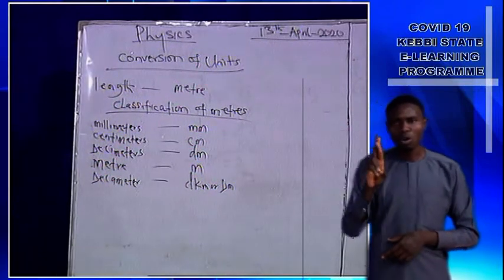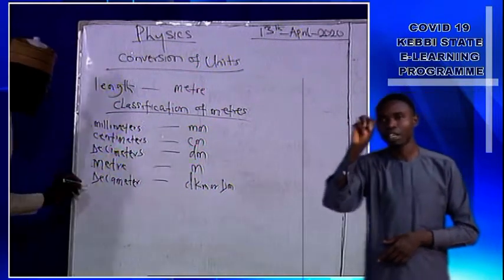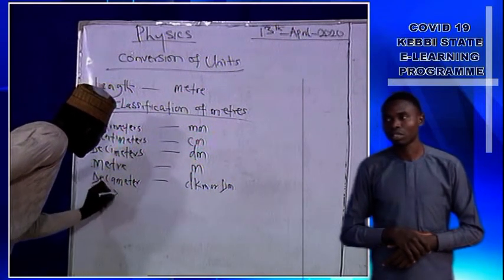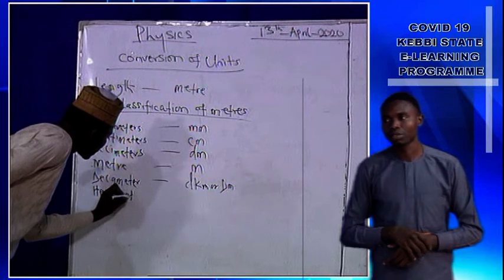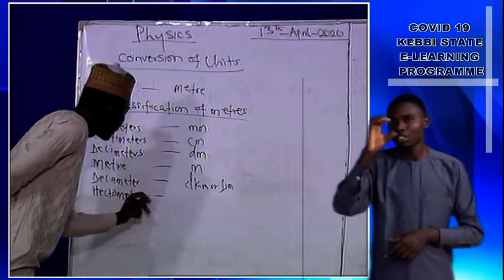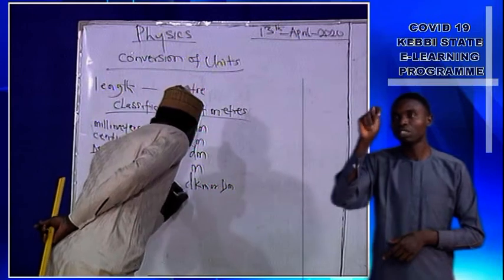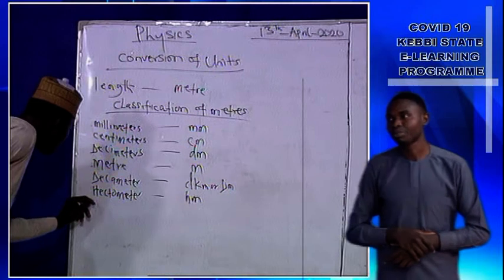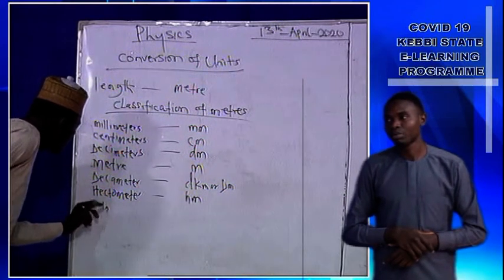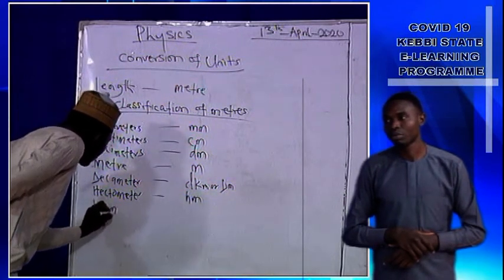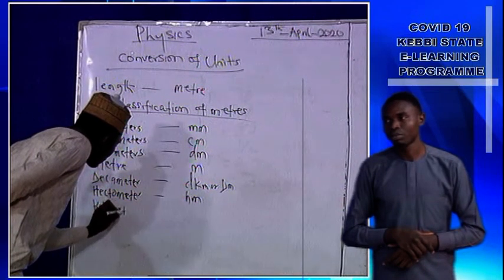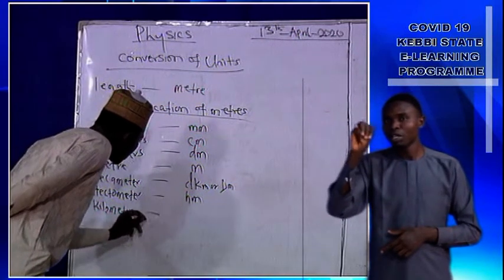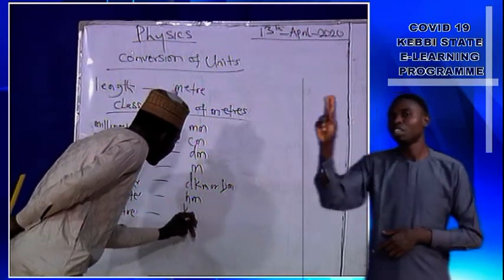I hope you are with me. Then we also have hectometer, which has a symbol of hm. Then we have kilometer, which has a symbol of km.